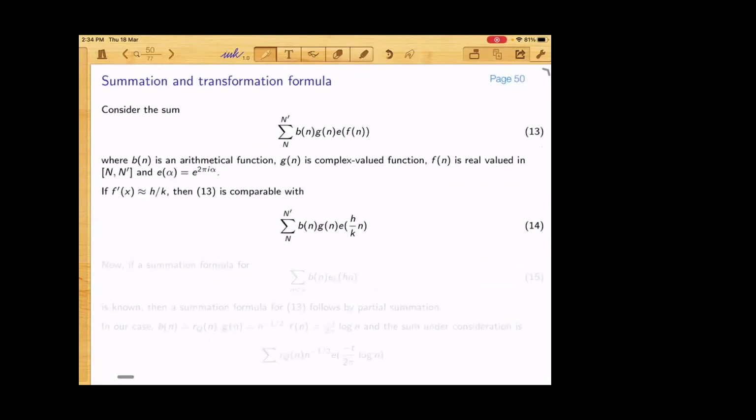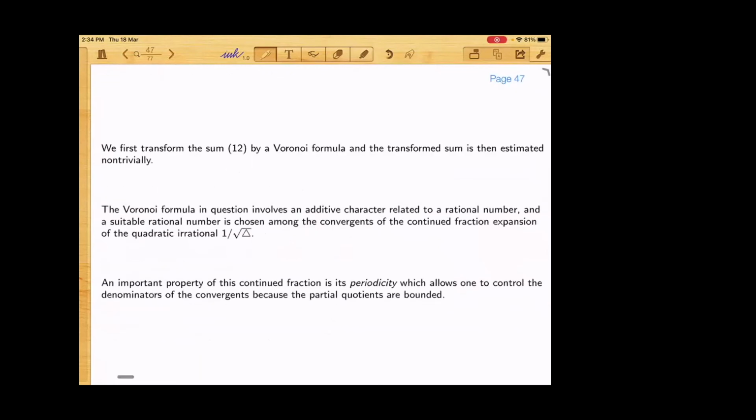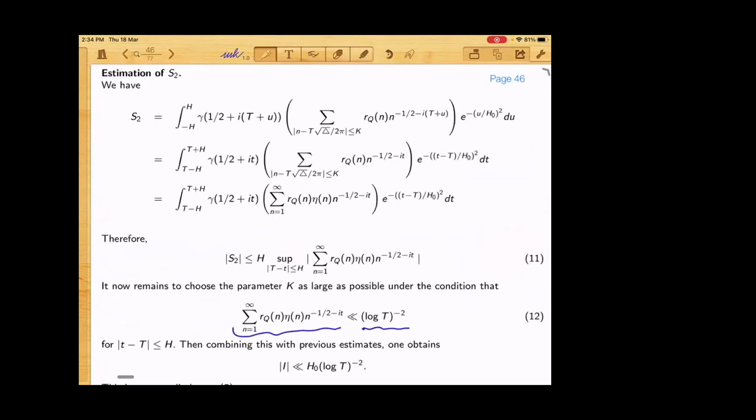I should have written it separately. Give me one second. So if you take a trivial estimate of this sum, then n is around t by 2 pi at a distance of k.